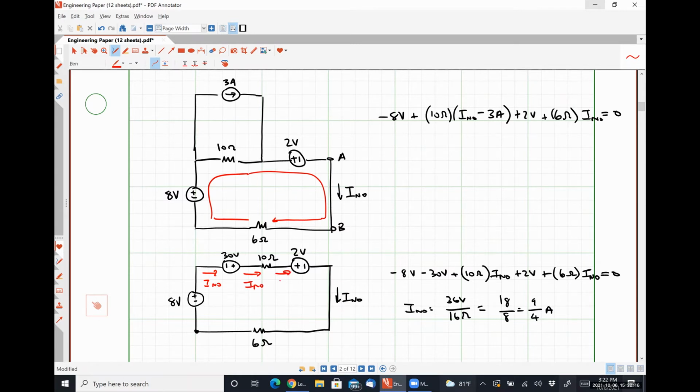That same current is going to flow through the 2-volt source. That same current is going to flow through the 6 ohm resistor. That same current is going to circulate up and flow through the 8-volt source. So they're in series because they're all connected in such a way that the current never has a chance to branch off. Okay.